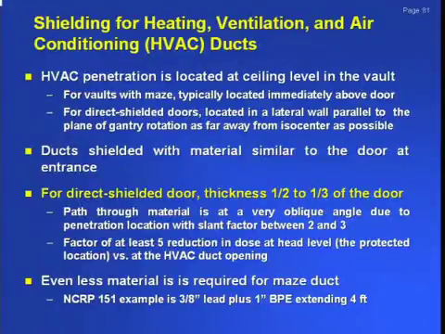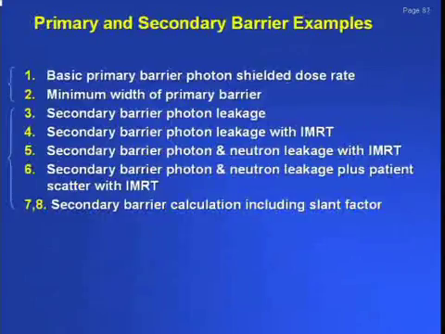It gives you at least a factor of 5 in reduction of the dose level, otherwise it's going to come out at your head. So again, if you just go with what goes into those duct penetrations of 1/2 to 1/3 of what's in the door, you will have adequate shielding for your HVAC penetrations.